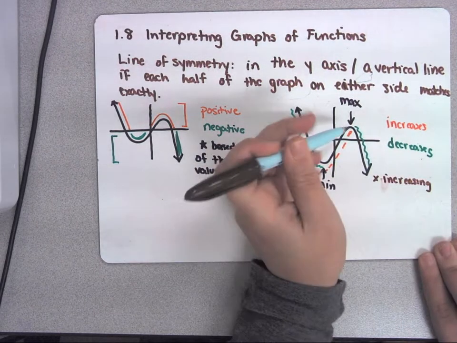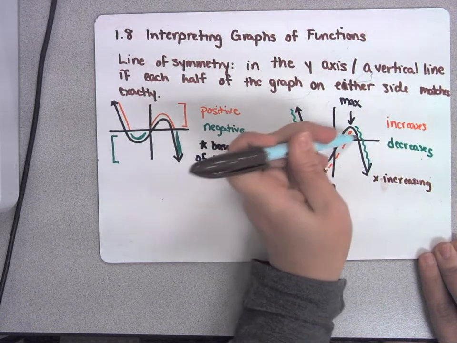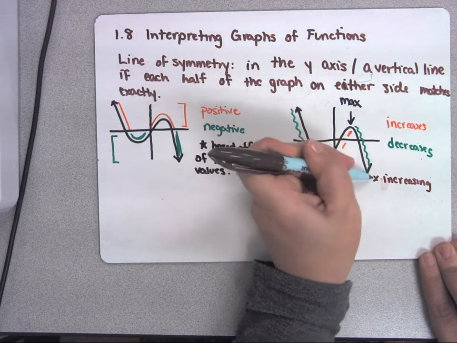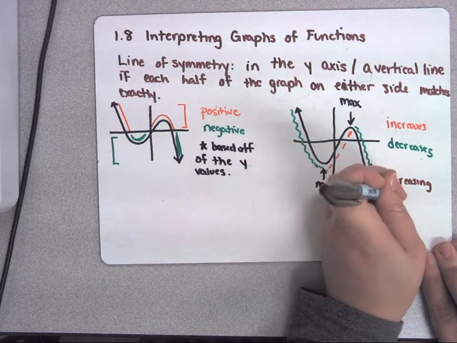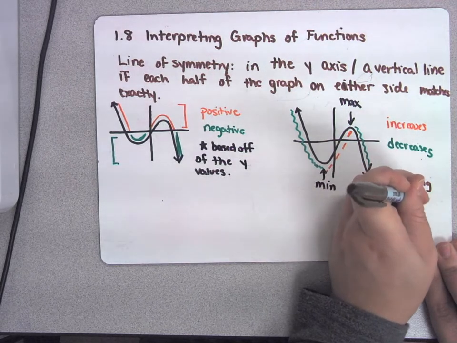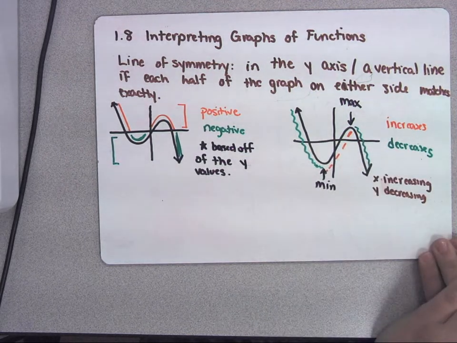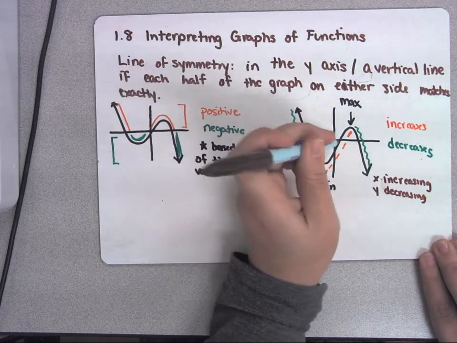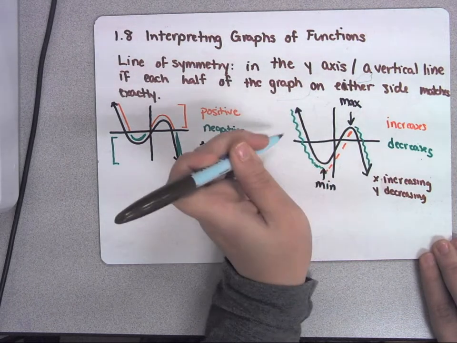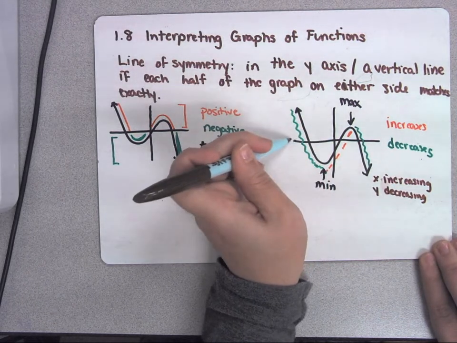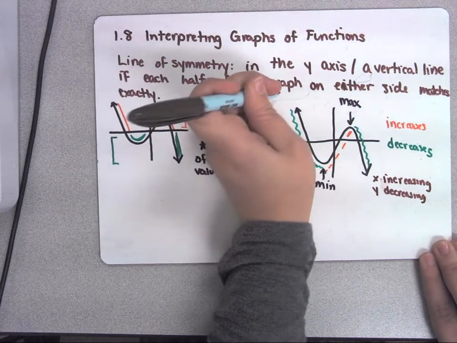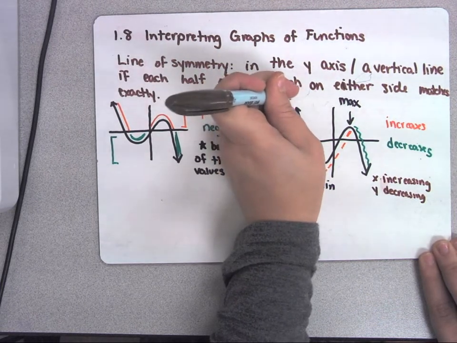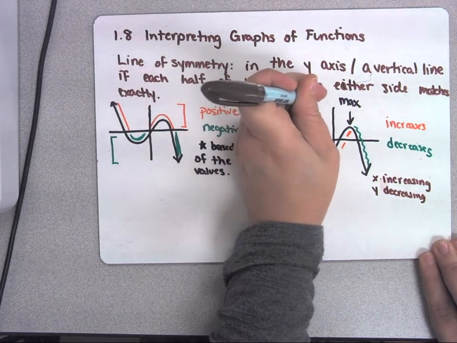Now think about them in the y's terms. The arrow's going down. What are my y's doing? Yep, decreasing. Now do the other arrow. You always start at the middle and go towards that arrow. What are my x's doing this way? Yep, x is decreasing. What are my y's doing?